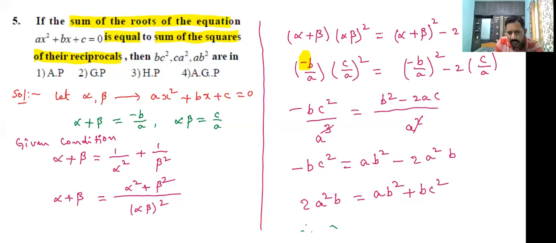Therefore, we can say that ab square, ba square, ca square, these are in AP series. AP series. Yes or no?